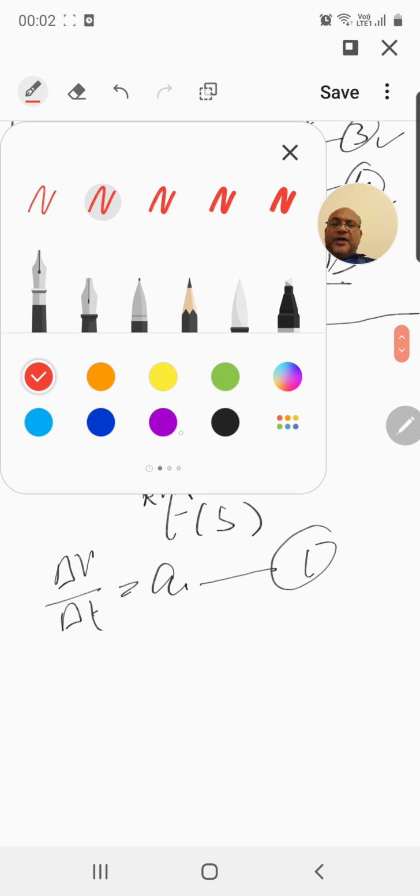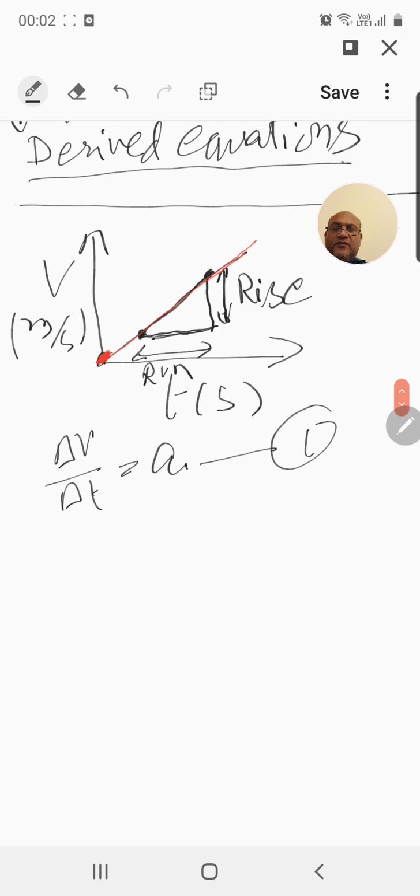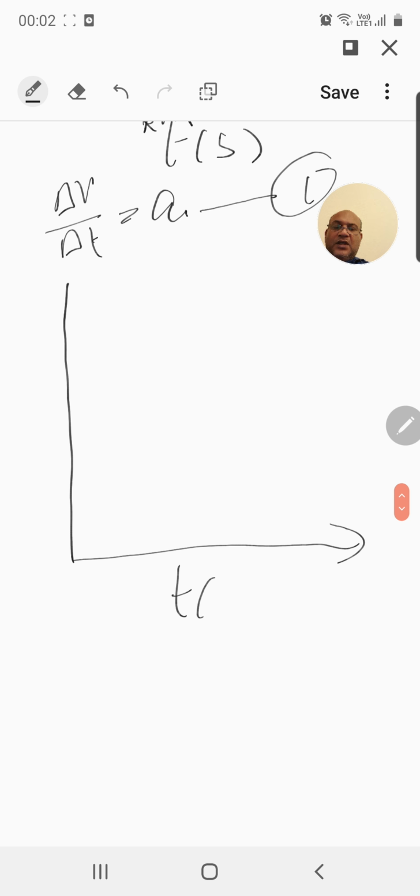But what if my velocity time graph is like this? Again I'm going to have time in seconds along the horizontal axis, velocity in meters per second along the vertical axis. My graph begins from here.